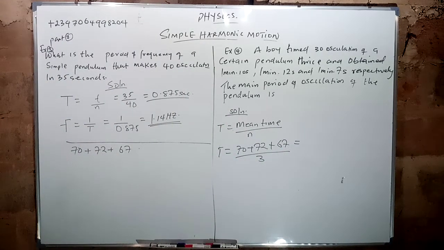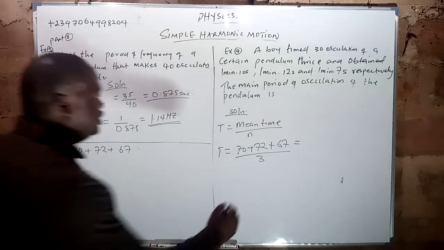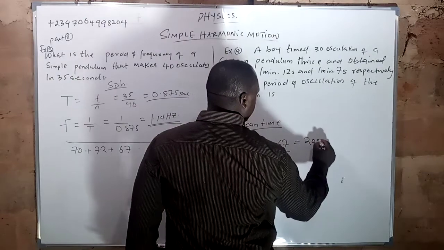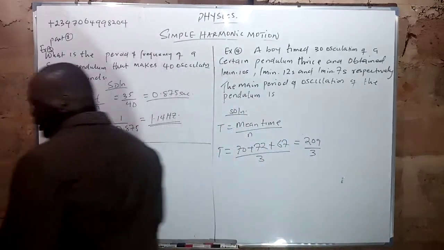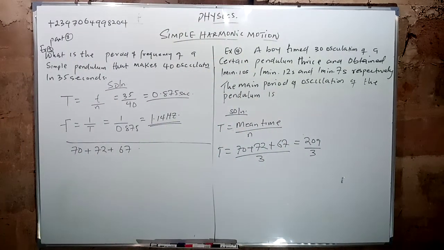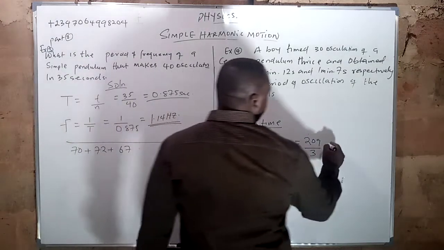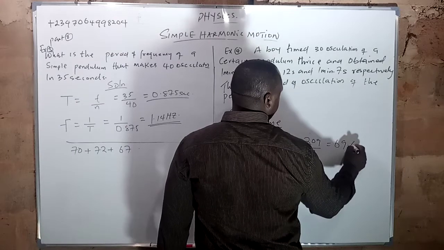Adding those together gives you 209 divided by 3. And if you divide 209 by 3, the answer you will get is 69.6 seconds.